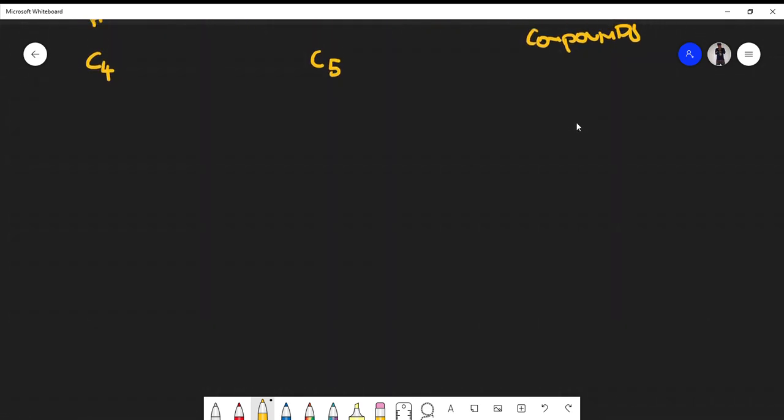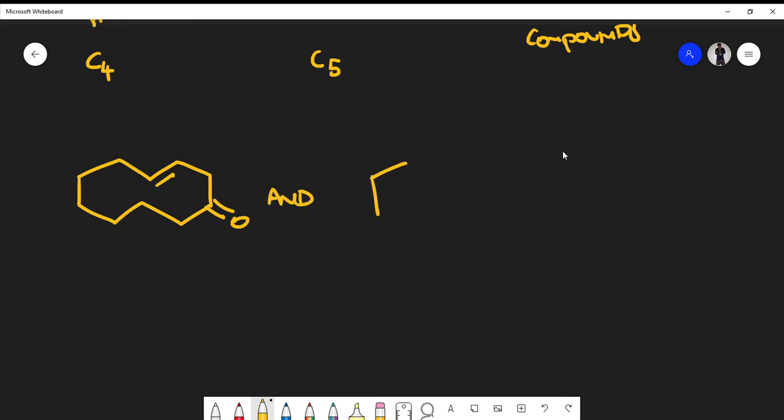How about, let's try this one. Say you're given these two compounds on an exam.